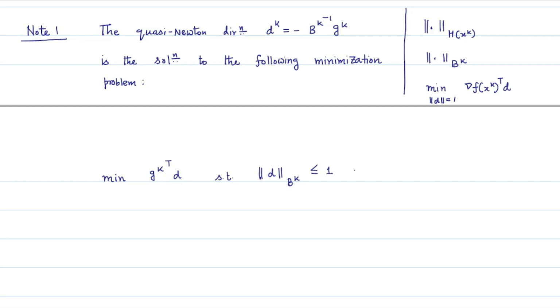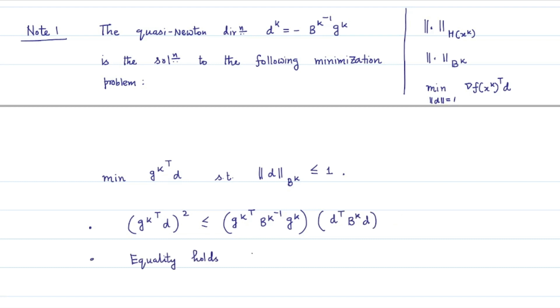Please recall here the expression of an ellipsoidal norm, and to find a solution to this problem you can employ the inequality that (gk transpose d) squared is less than or equal to gk transpose bk inverse gk times d transpose bk d, and equality occurs for d equal to dk, the quasi-Newton direction.